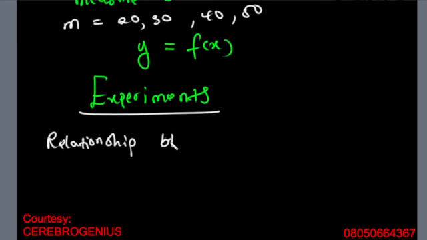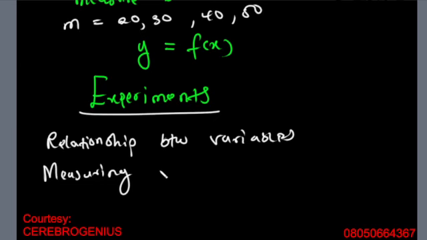And you might also be measuring the value of a constant. Or you might even be doing both together. For example, in a simple pendulum experiment, you are given length, you are asked to measure the period, and then you'll be asked to plot the graph, and from the graph determine the value of g.